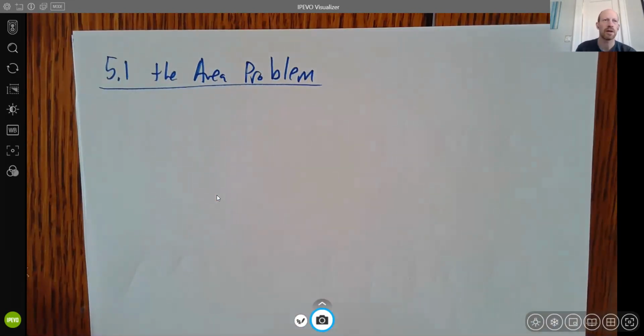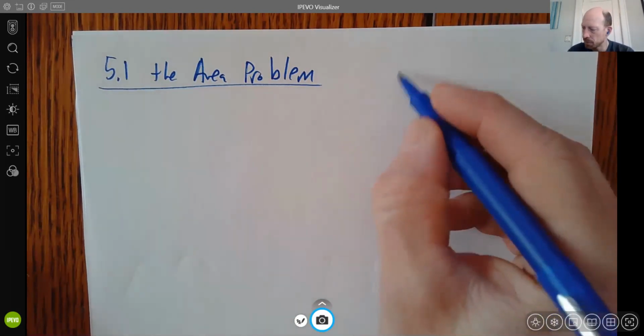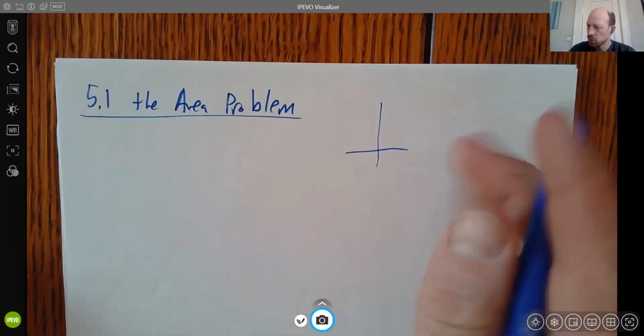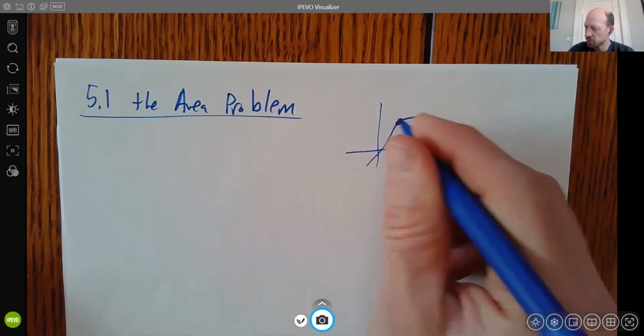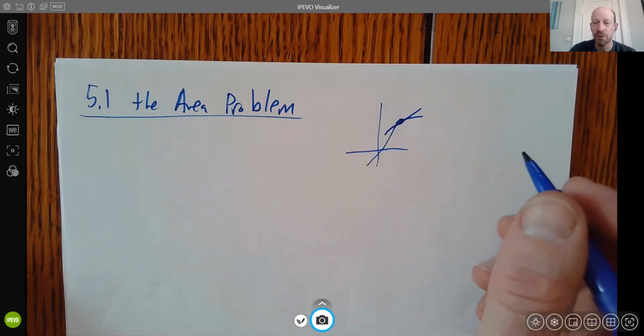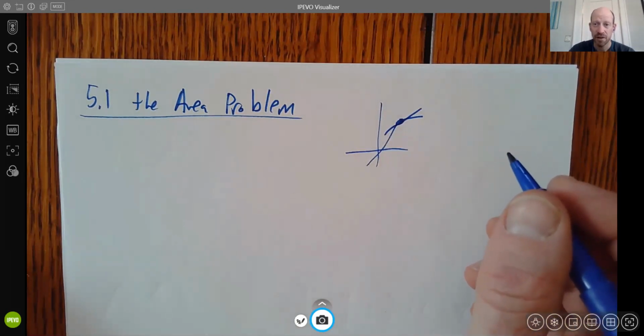So 5.1 is the area problem. And when I introduce calculus in the very beginning, day 1, day 2, we talk about our two big problems, which were the tangent line problem. We have this function and we have this tangent line. We want to find the slope of the tangent line.